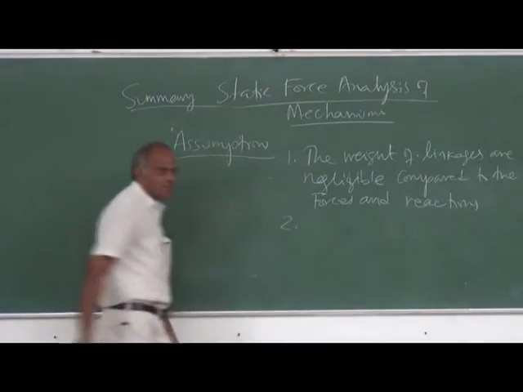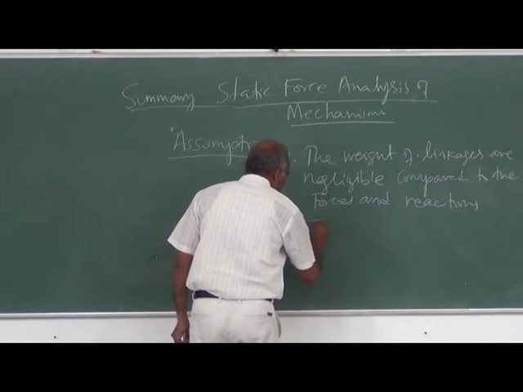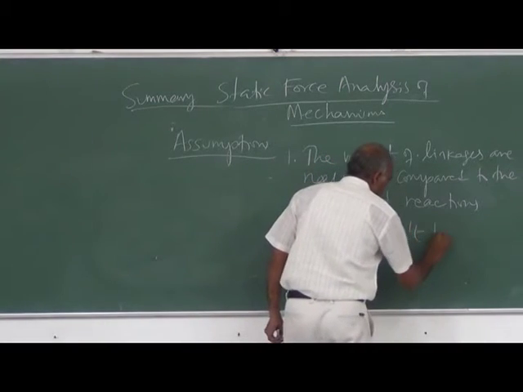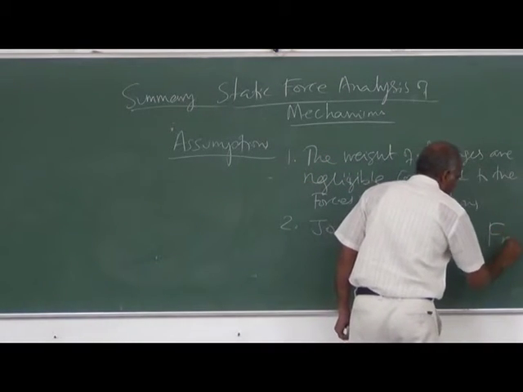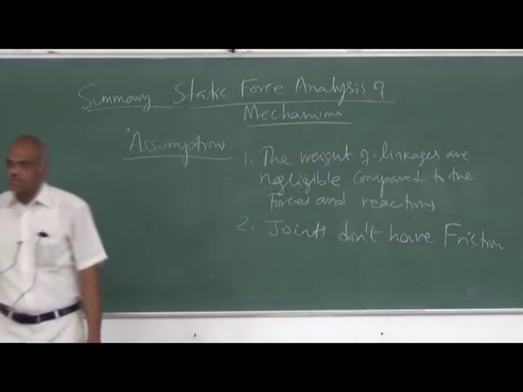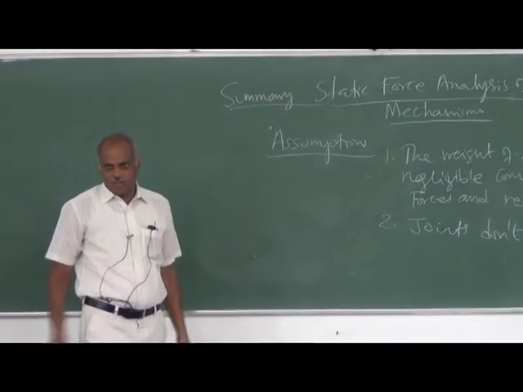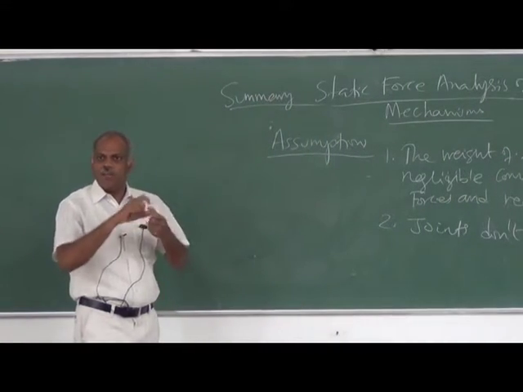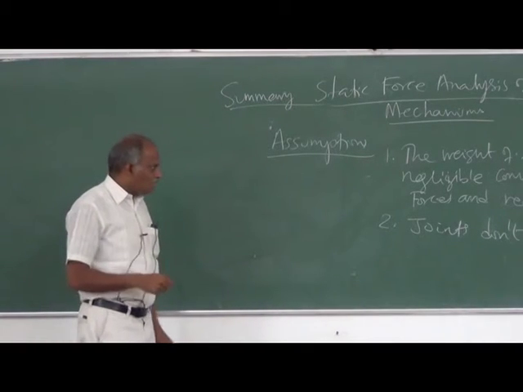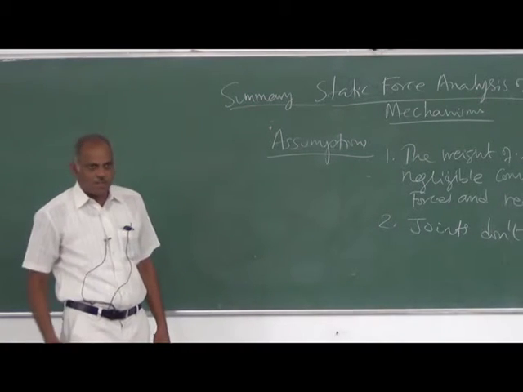The second assumption we make is about the friction in the joints. Joints don't have friction. Each linkage is connected to the other linkages by a joint, specifically, say, a revolute joint. We have said that the revolute joint cannot transmit torque, only forces can be transmitted.